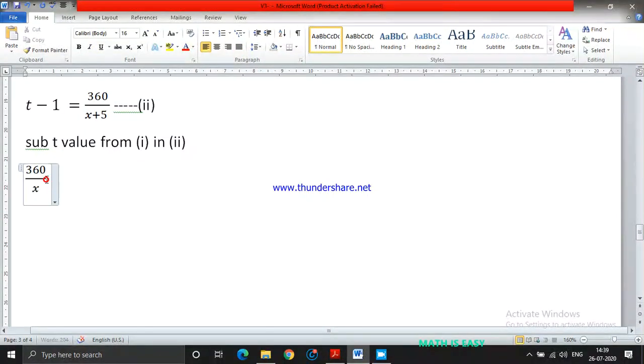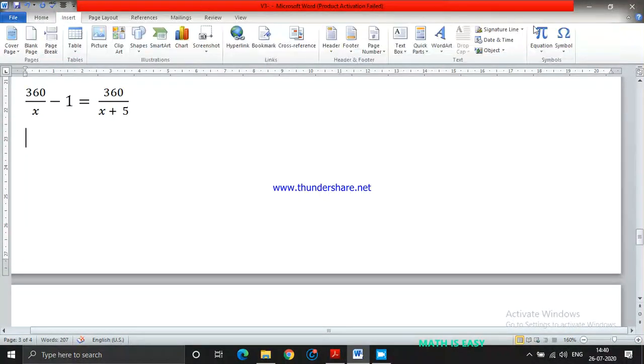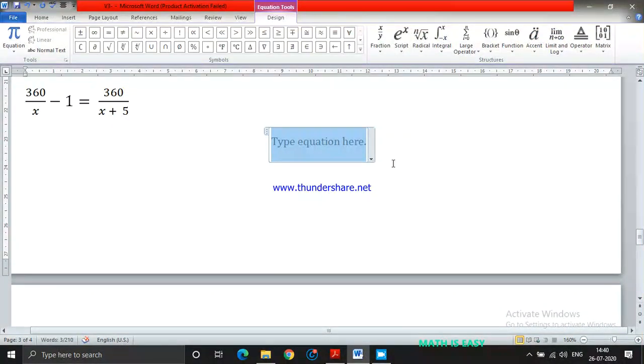360 upon x minus 1 is equals to, and then again you get 360 upon x plus 5. So next step what you can do here is, you can take the LCM in the left hand side.